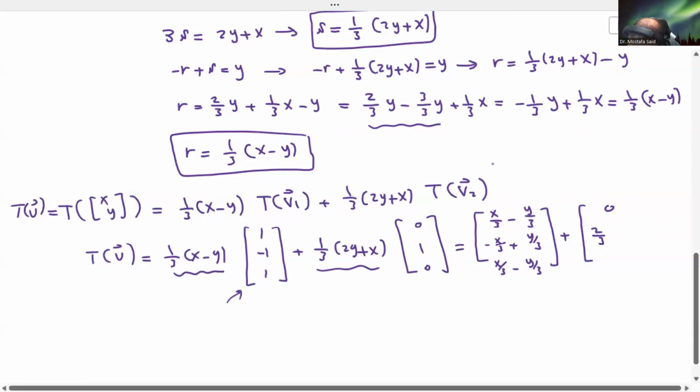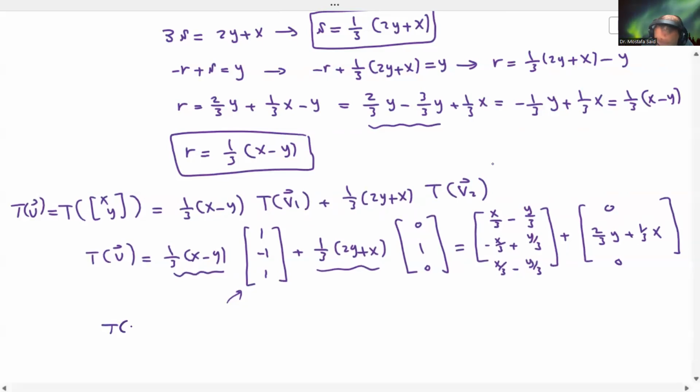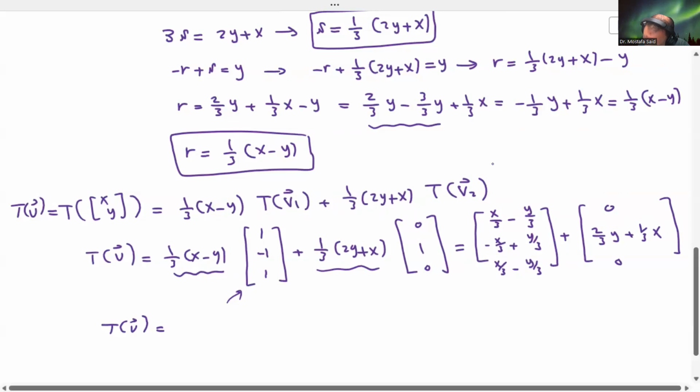So 2/3 y plus 1/3 x, and finally again 0. So T of v equals the sum of these two vectors. You can just add them together. We add this entry to 0, so it remains the same: x over 3 minus y over 3.